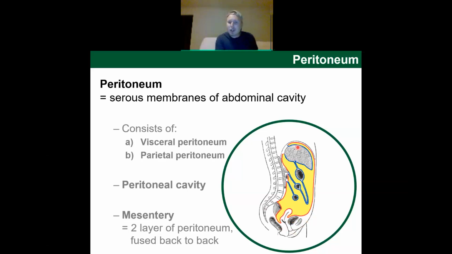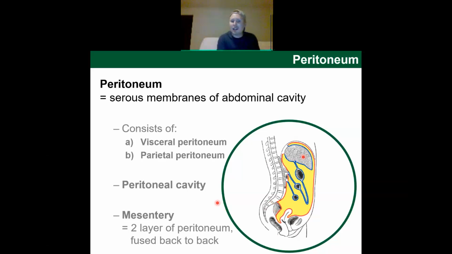But all of this abdominopelvic cavity is lined by this red line that turns blue in certain parts, but it's still the same part of the same structure. And this line is known as the peritoneum. So inside this line, we find the peritoneal cavity. Everything that's yellow is part of this peritoneal cavity.